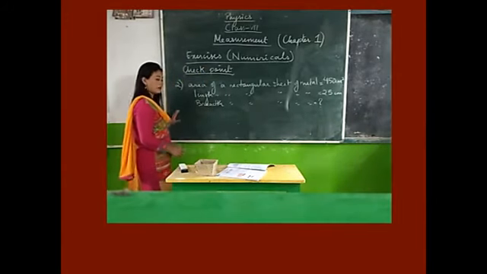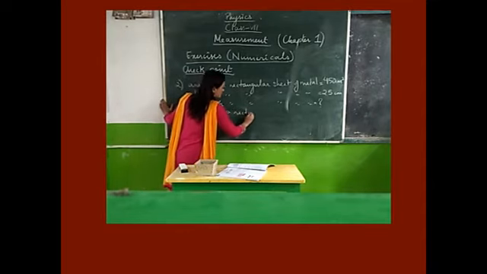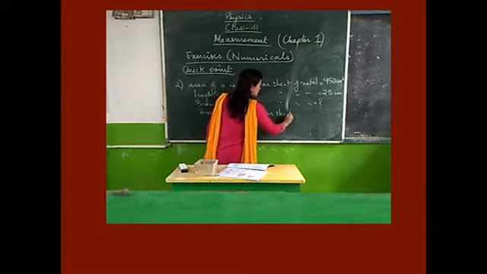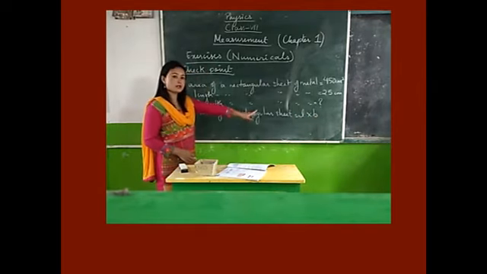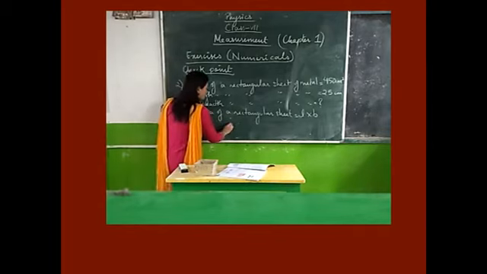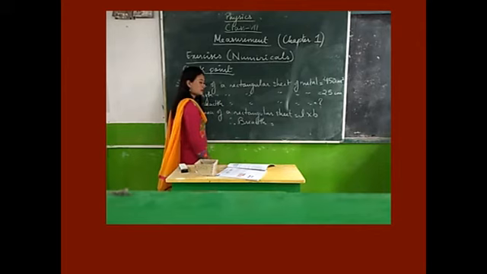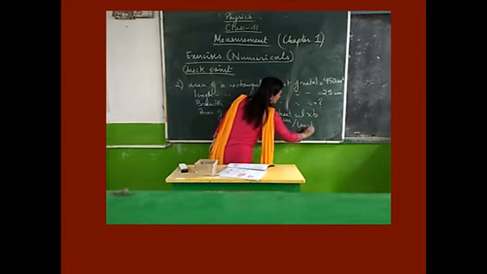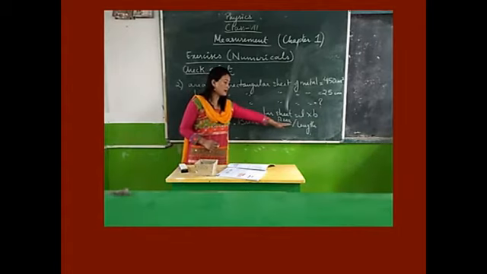Now, from the formula of area of a rectangular sheet, what do we have? Area of any rectangle would be length into breadth. So if we have to find the breadth, we take length this side. In order to find the breadth, we simply have to divide the area by length.